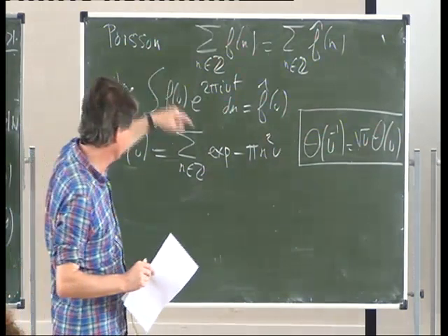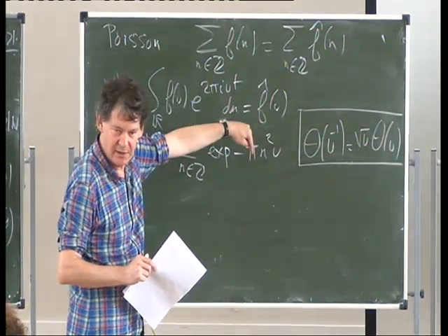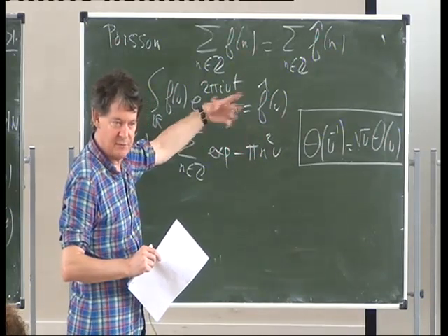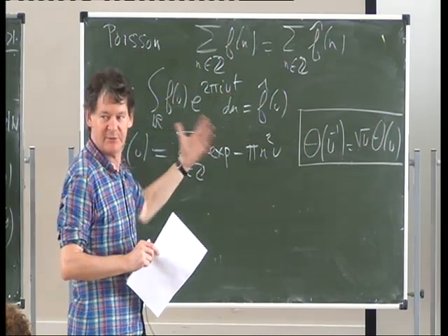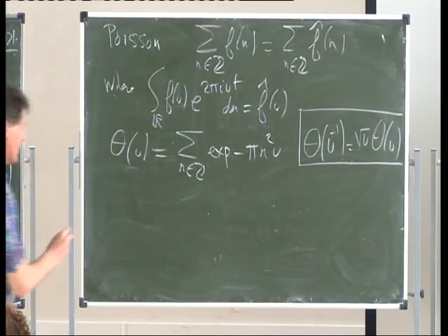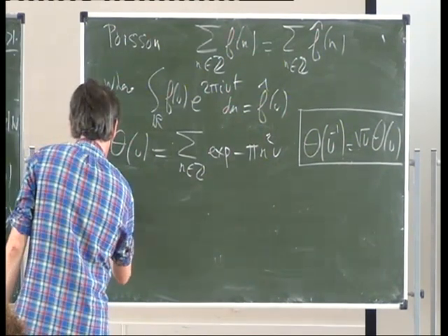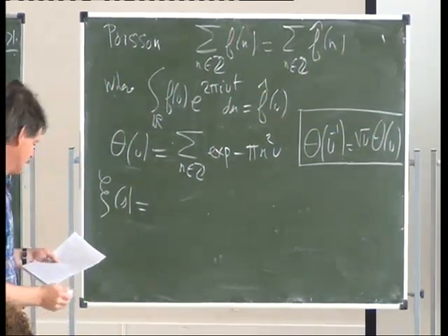What happens is it's well known that this function exponential minus x squared is essentially an eigenfunction for the Fourier transform. So you get something that looks like this function. So if you write, I think I had done that. You can write this as an integral.